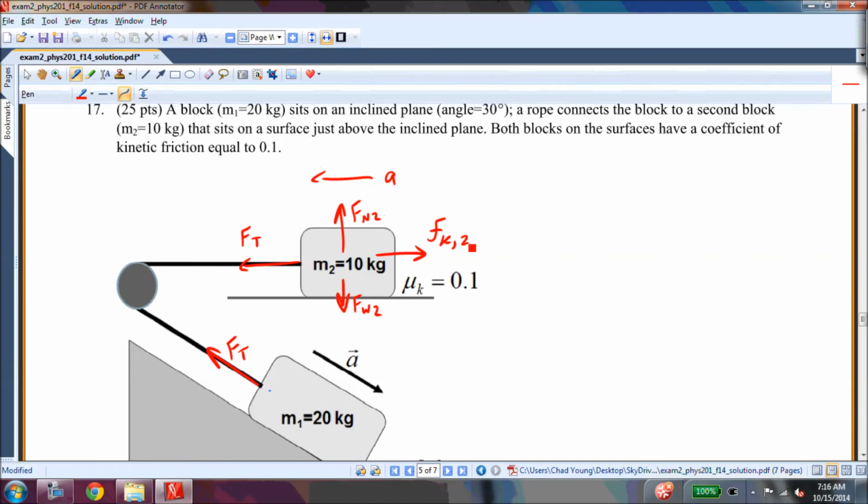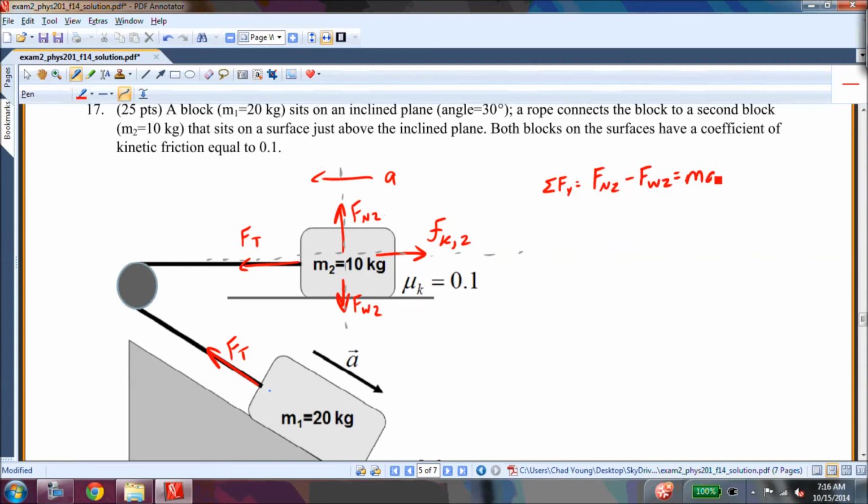Now, while I'm over here, I'm going to go ahead and write the systems of equations here. Let's draw my coordinate system. That's my x-axis. That's my y-axis. I'm not going to redraw it because, well, they're all on the x or y axes. So I have the sum of the forces in the y direction. That's going to be Fn2 minus Fw2.